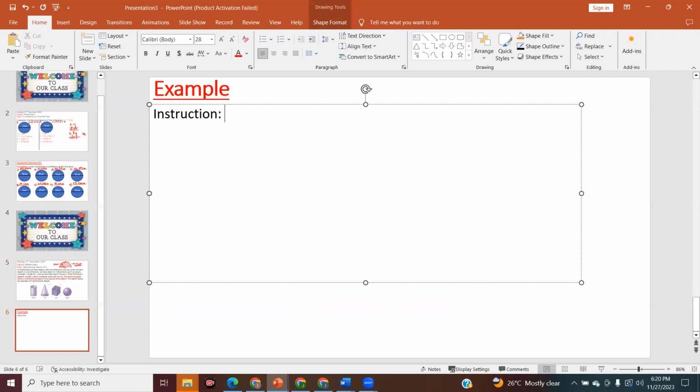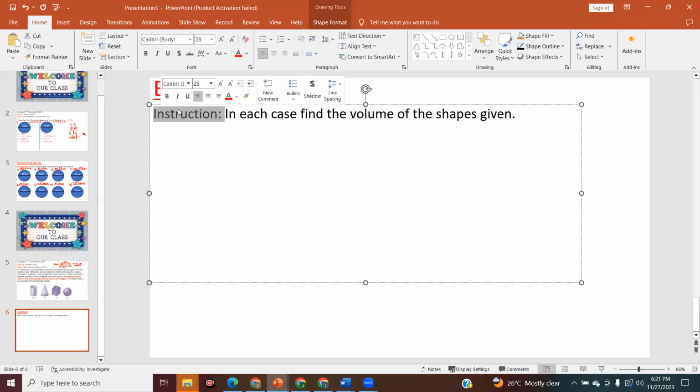Instruction: in each case, find the volume of the shapes given. All right. So we want to find the volume of the shapes that we have.